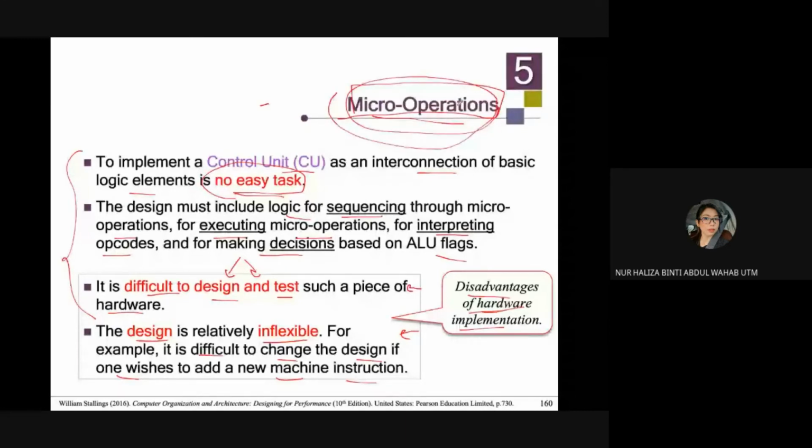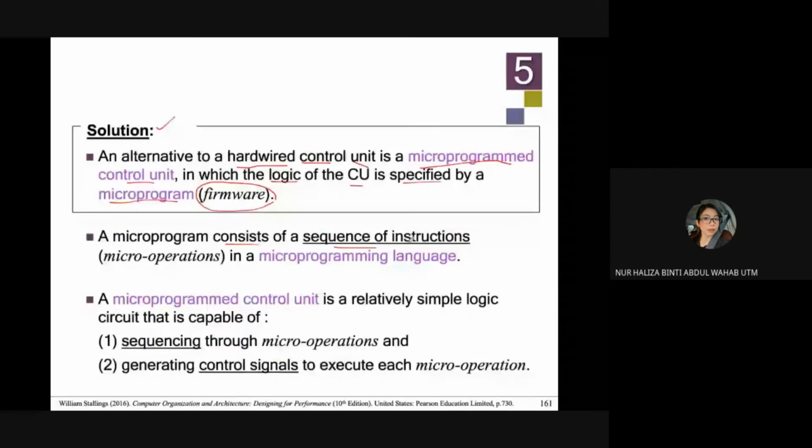Microprogram consists of sequence of instruction, which is your micro operation, in your microprogram language. Dia punya anak-anak task, another task tu your micro operation in your microprogramming language consists of sequence, because you going to do it step by step. It is called as a sequence. Kalau tak sequence tu, you can do it any task, maybe 1, maybe 3.